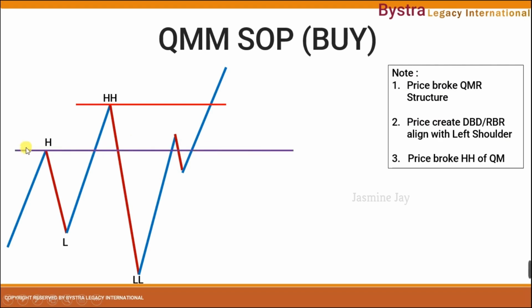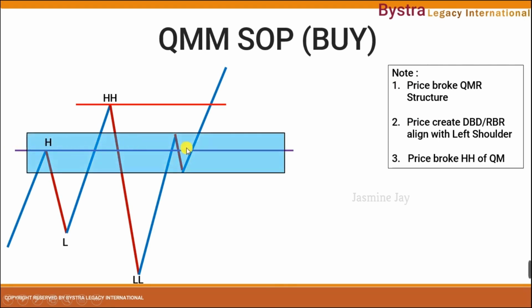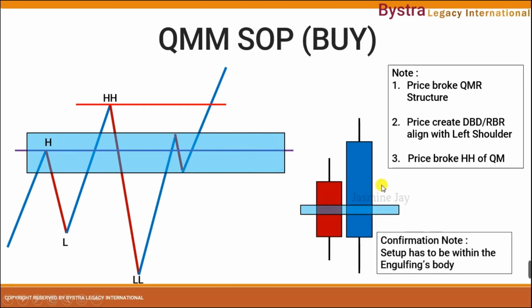First, remember guys, we always mark the horizontal line first, on the left shoulder, aligned with the rally base rally. We mark the zone. On the rally base rally, we mark the whole zone of the body of the base and make sure that the entry point is aligned with the rally base rally, because the entry point here is where we will set our PO. And remember guys, confirmation on the higher TF is very crucial.